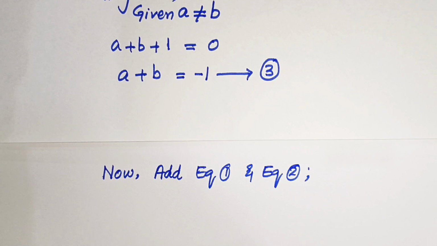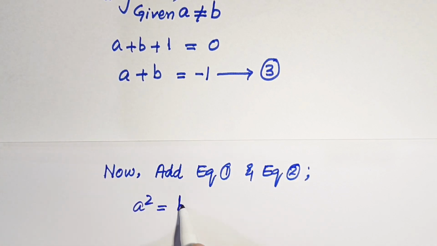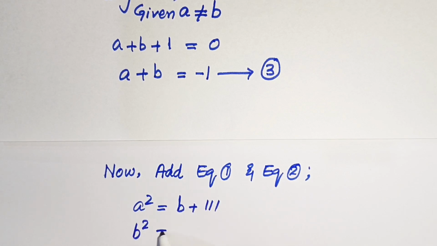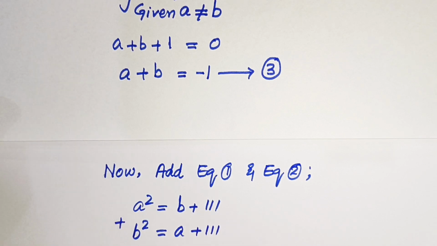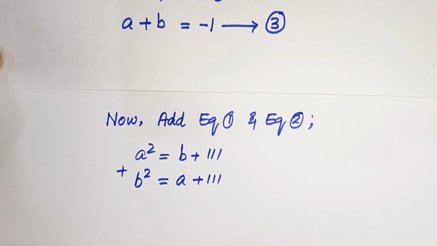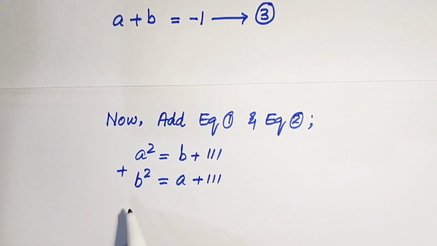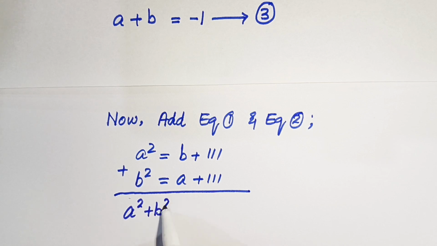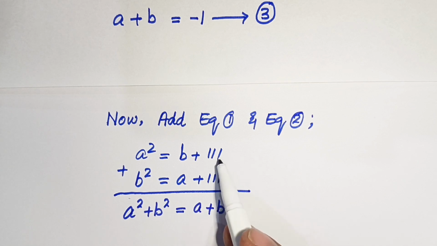So now we are going to add these two equations, then our left hand side will be a squared plus b squared, which is equal to a plus b plus 111 plus 111, we just write 222.